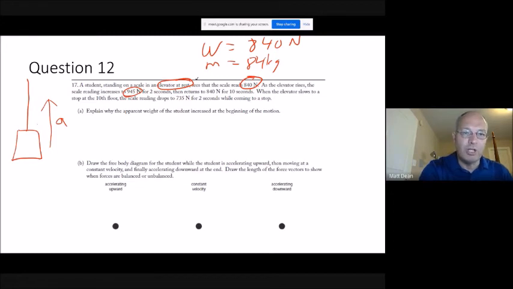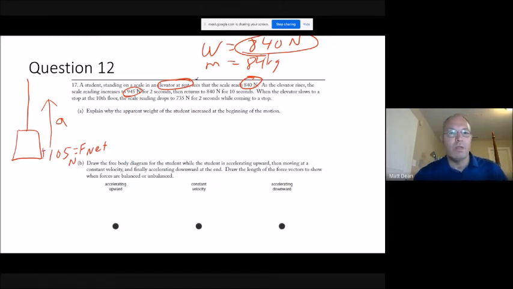He's being pushed upward. And the amount of net force in this case would be 945 minus his real weight, 840. So 105 newtons of net force, positive 105 newtons.